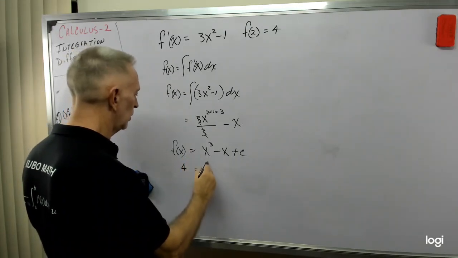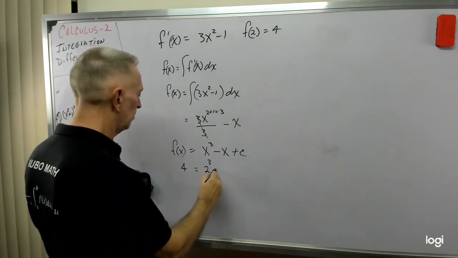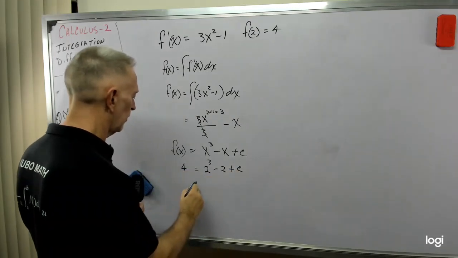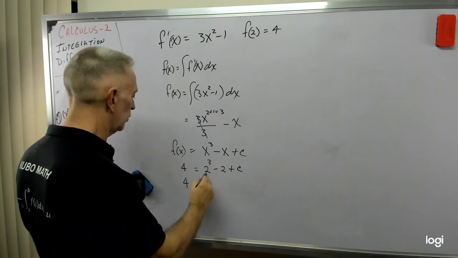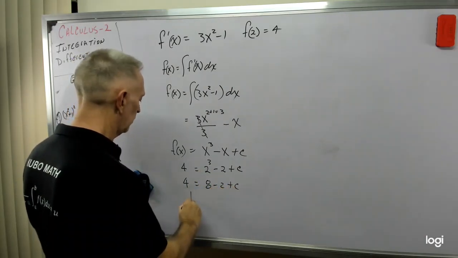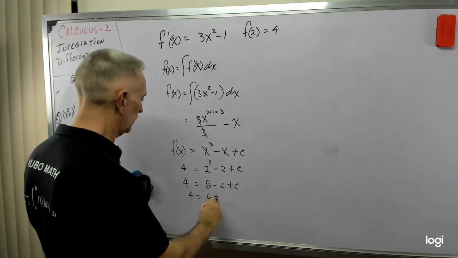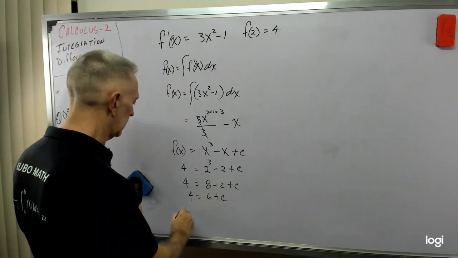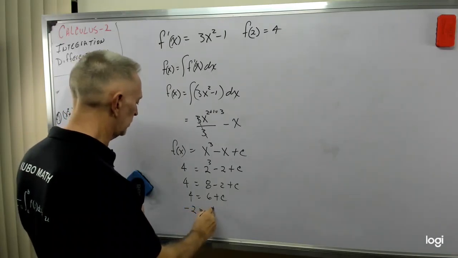So 2 cubed minus 2 plus c equals 4. So 4 equals 2 cubed is 8 minus 2 plus c. 4 equals 6 plus c. So I subtract 6 from both sides. It gives me negative 2 equals c.